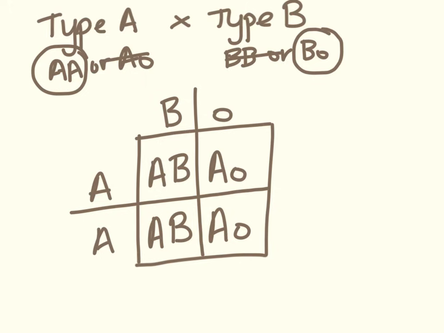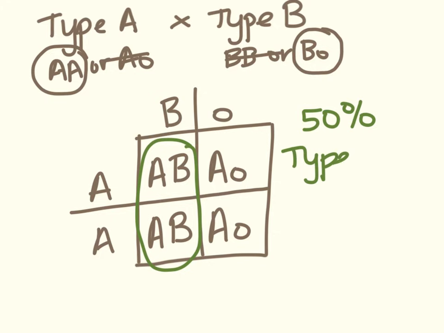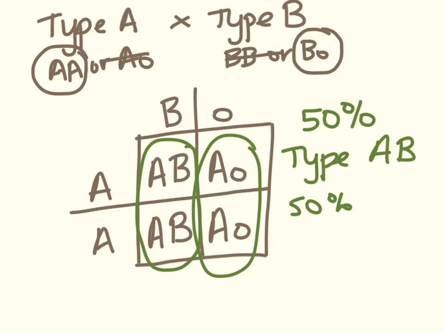So 50% of our potential offspring would display type AB blood, and 50% will display type A blood.